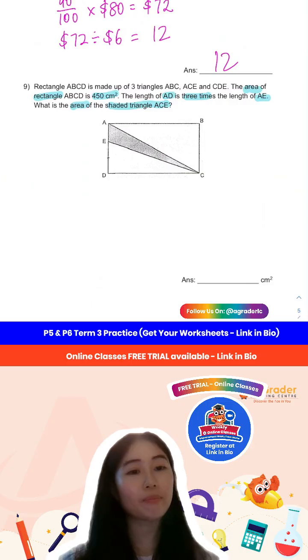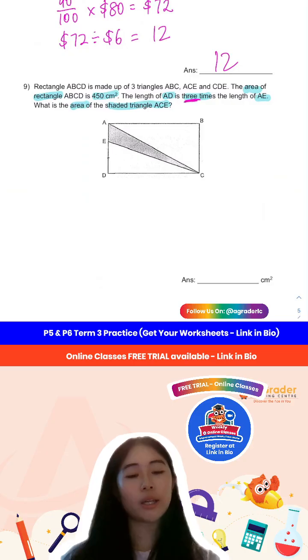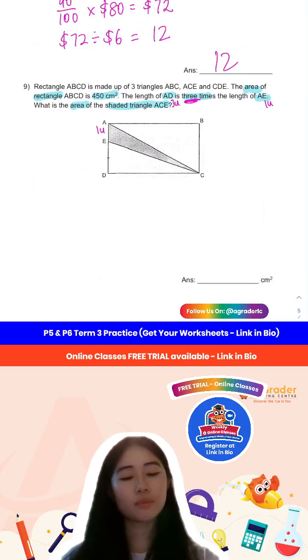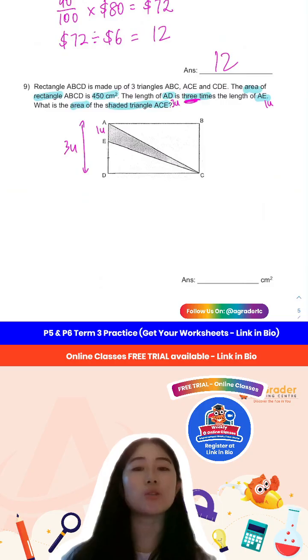I do see quite a few correct answers, so I'm going to go through this. Starting with AD is 3 times AE. This means that AD is 3 units, AE is 1 unit. I'm just going to label the diagram like this, 1 unit and 3 units.